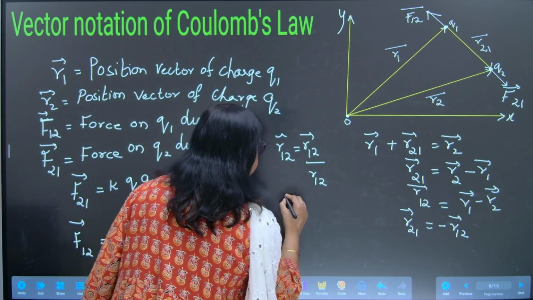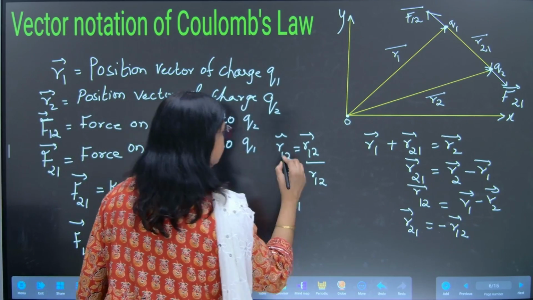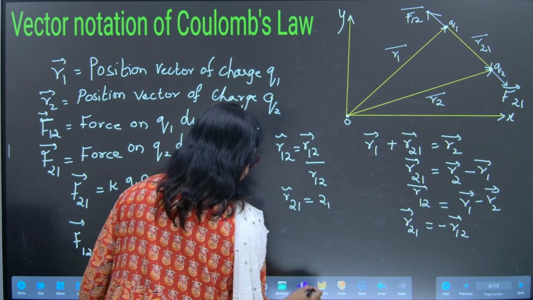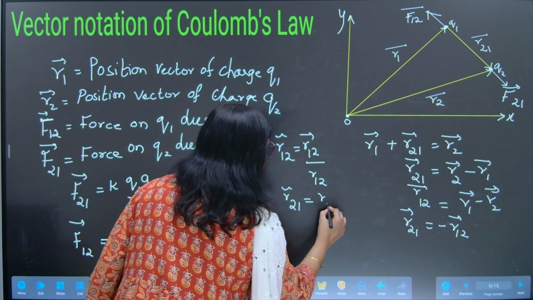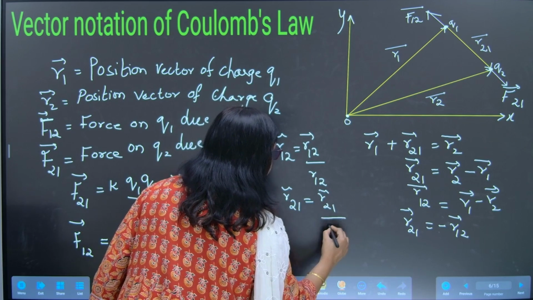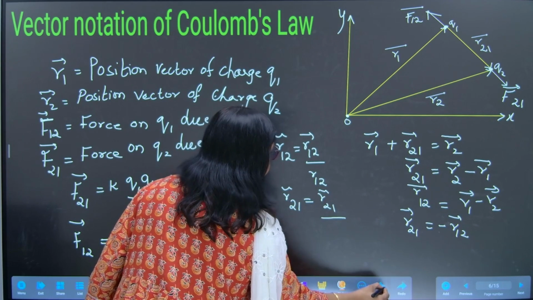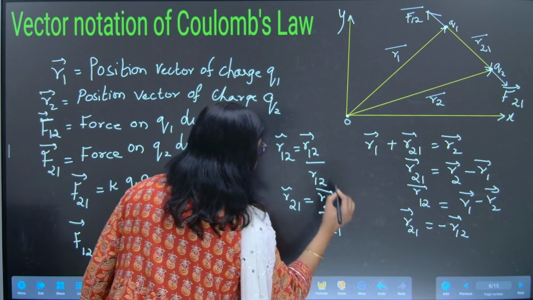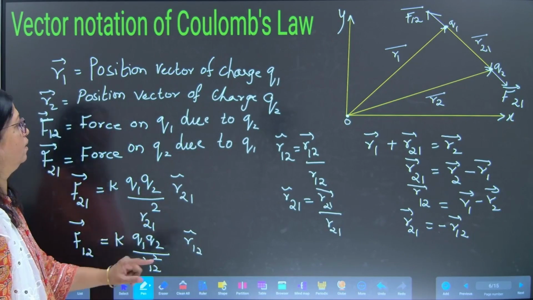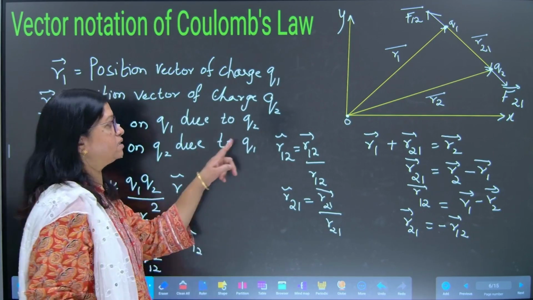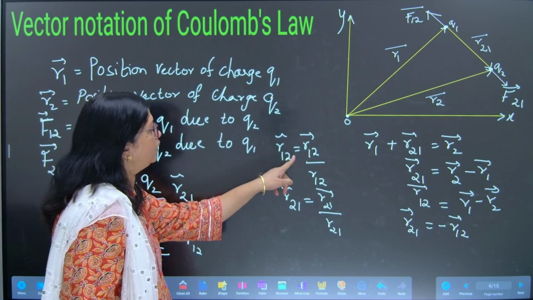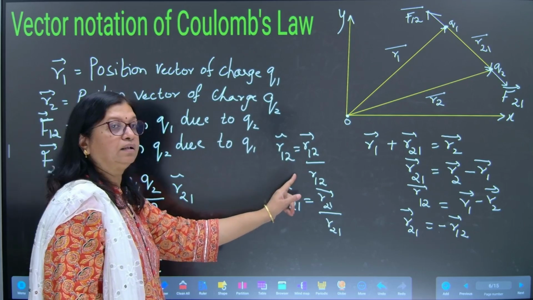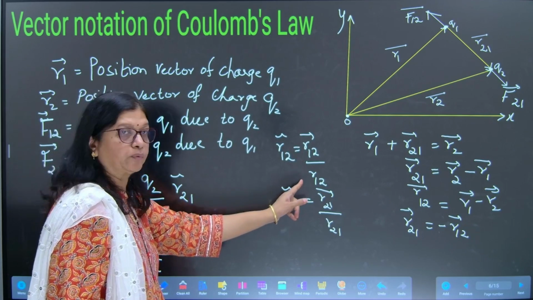Similarly, we can also define R21 cap equal to R21 arrow divided by R21 magnitude. So I repeat here, R12 cap is the unit vector, which is equal to the vector R12 arrow divided by the magnitude of R12 arrow.